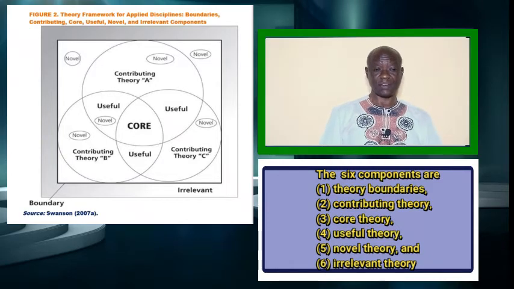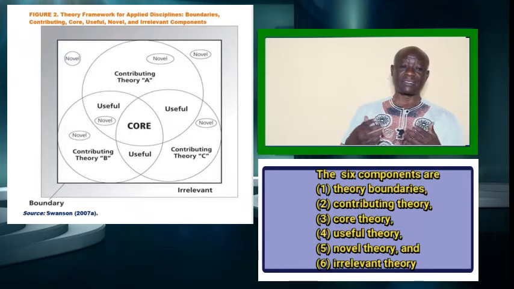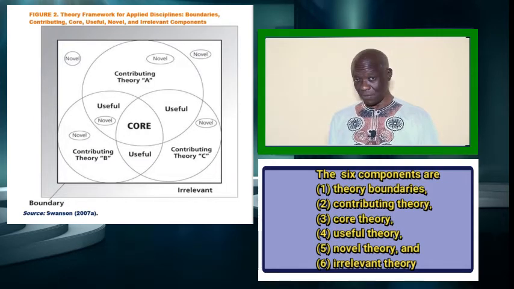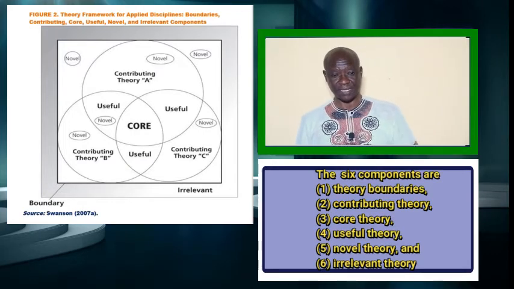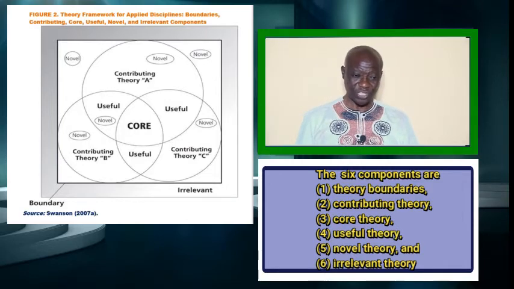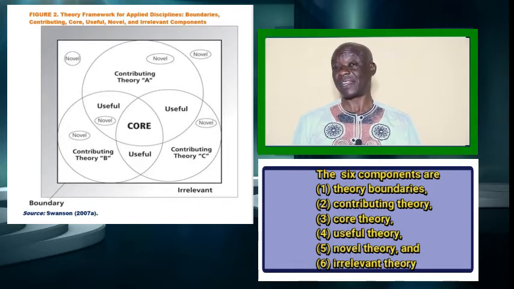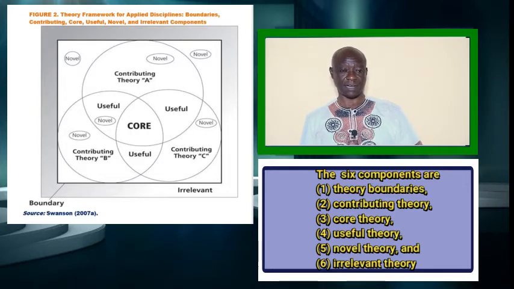When we talk about novel theory, we are talking about the theory of a narrow phenomenon that is related to an aspect of the applied discipline under consideration. And this could logically provide an unusual explanation of how the phenomenon works.